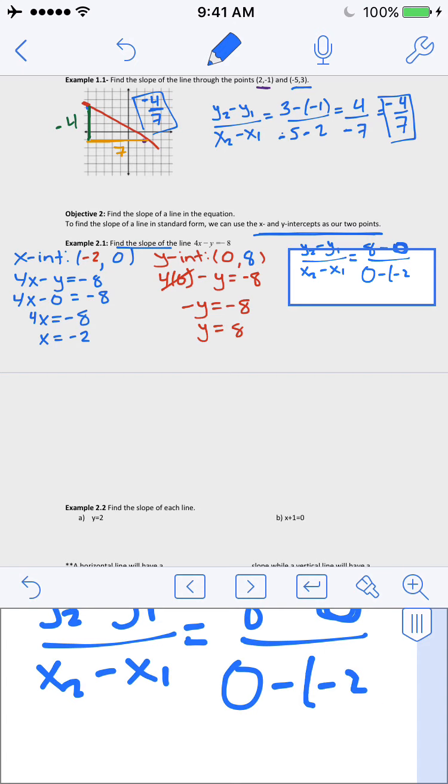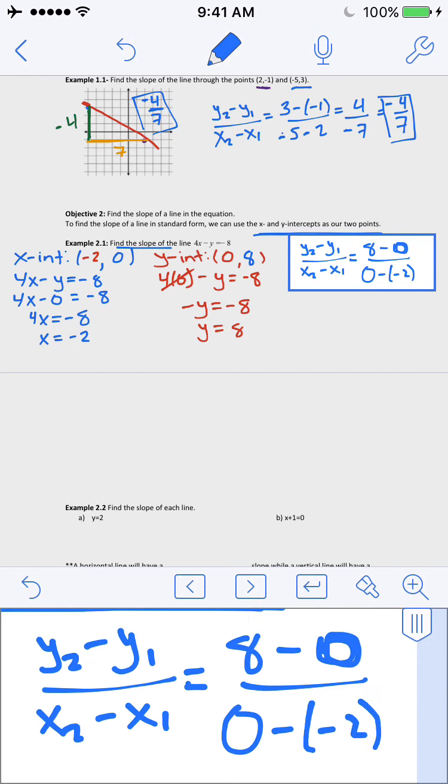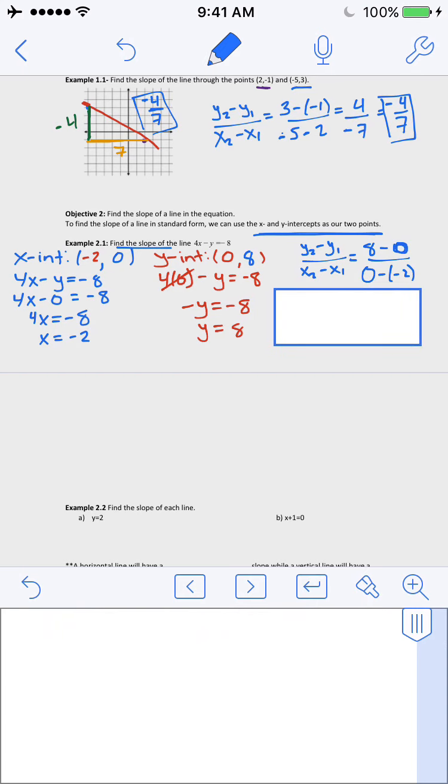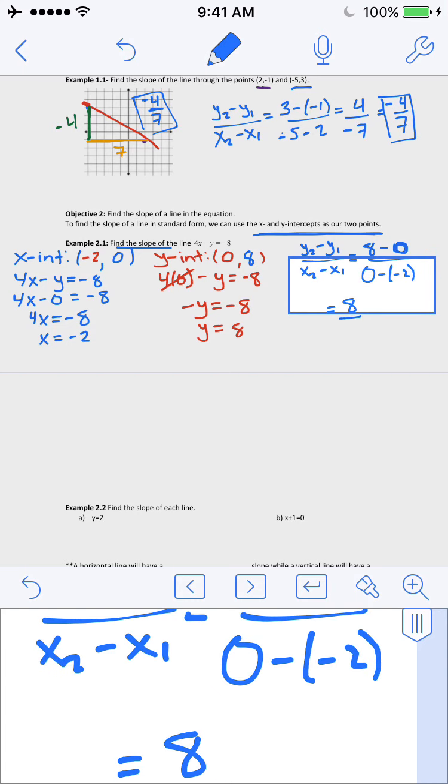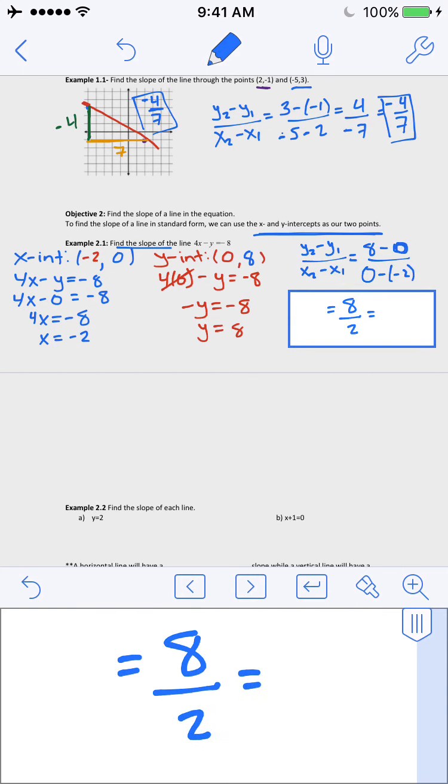That one I have to be a little more careful about because it's minus a negative, but it's still pretty straightforward. All right, 8 minus 0 over 0 minus -2 reduces down to 8 minus 0 is 8. Let's see, 0 minus -2, what happens there? That's right, we get a positive 2. So our slope, 8 divided by 2, is 4.